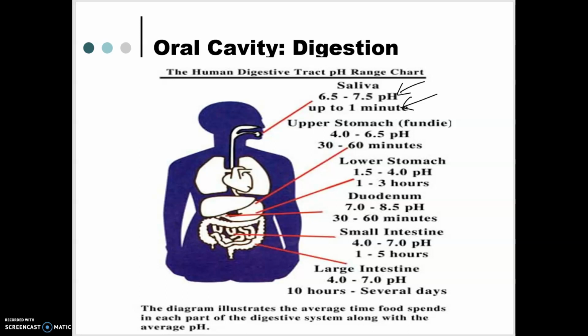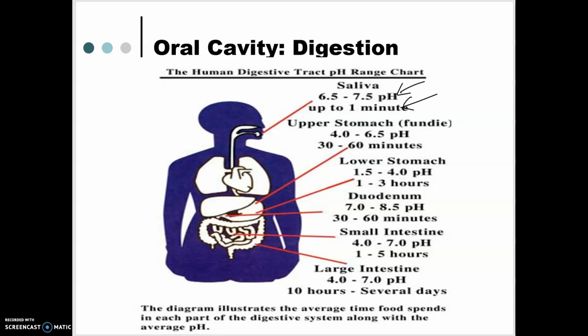And the pH in the mouth is somewhere around neutral, a little bit acidic, 6.5, a little bit basic, 7.5, but somewhere around neutral. And so the enzymes that are in our mouth, the salivary amylase, and there's another one called lingual lipase, those two are going to be most efficient in around that neutral pH range, although some of them are a little bit more resilient than others.